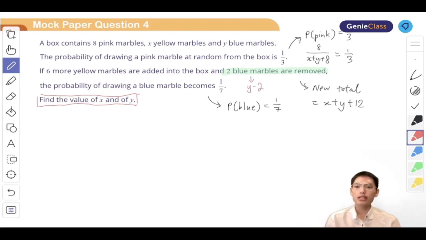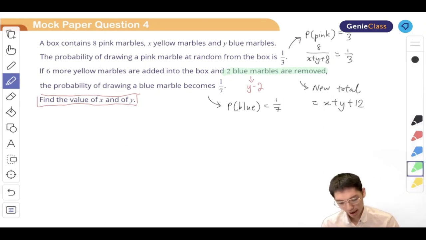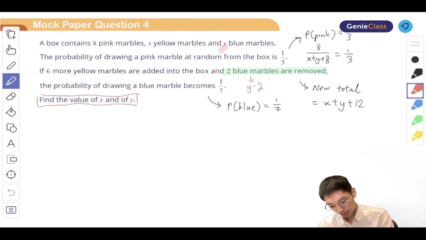In fact, some hints over here for those who want to try: I have y minus 2 blue marbles, because initially I have y blue marbles over here.